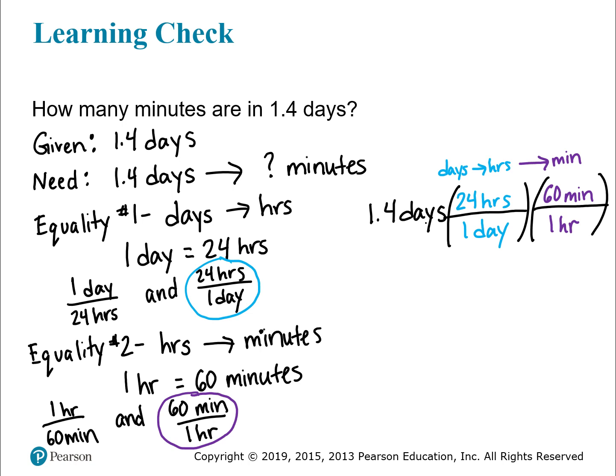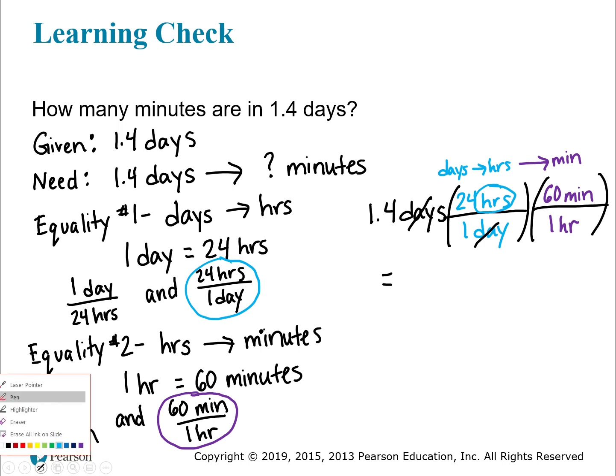But we also want to make sure to do our unit check. So you go through, say, okay, my days cancel, and I am left with hours. Then my hours are going to cancel, and I'm left with minutes. Great.